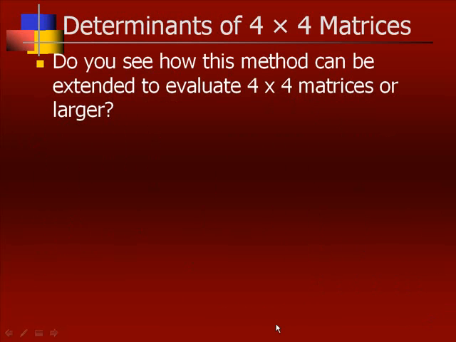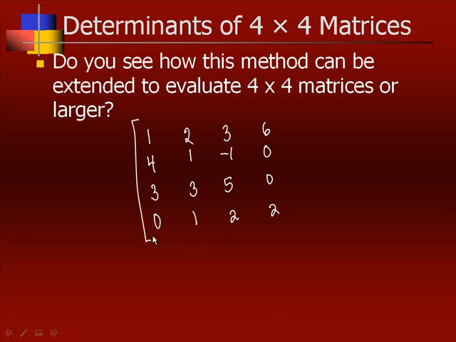Now, do you see how this method could be extended to evaluate 4 by 4 or larger? What you would do if you had a 4 by 4, and now we're getting real ugly, is you would go through and pick a row or a column. I'd probably be tempted to pick column 4. So we go back and do plus, minus, plus, minus, plus, minus, plus.